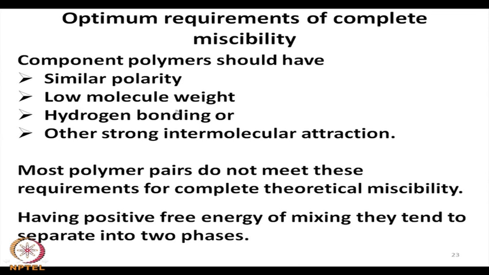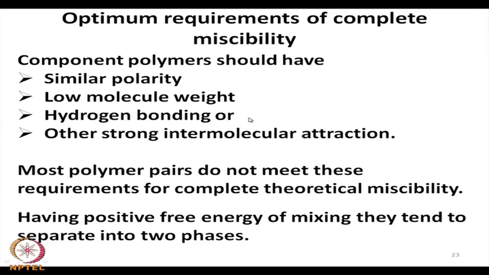Then the component polymers should be of low molecular weight, they should not be very high molecular weight. If the molecular weight is high, then the solubility and miscibility of the component polymers in the blend will be reduced. Then there could be hydrogen bonding, which is one of the requirements.